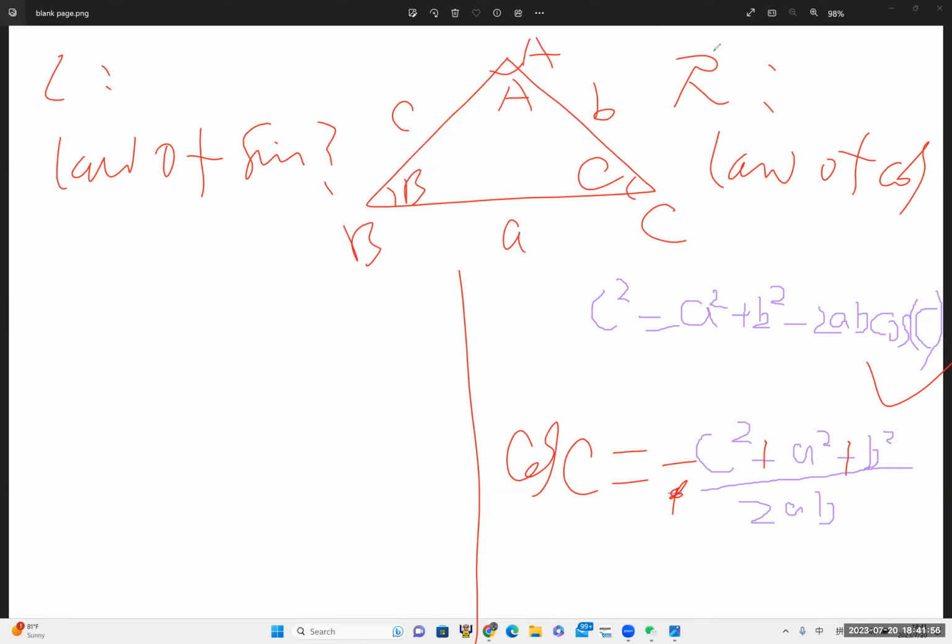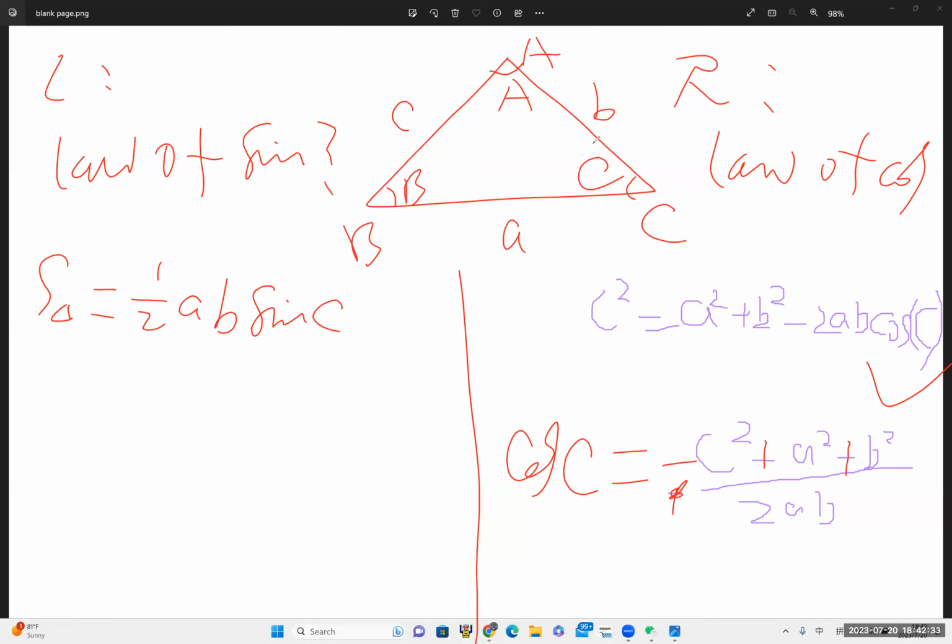It's not so hard. Last section we learned about the area formula, right? Remember, we have area of triangle equal to, for example, half a times b times sine of which angle? Suppose angle C, the angle between them, correct?